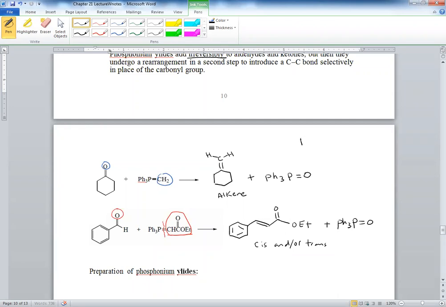Ph is phenyl. And phenyl is nothing but the benzene ring. So imagine this benzene ring is attached.